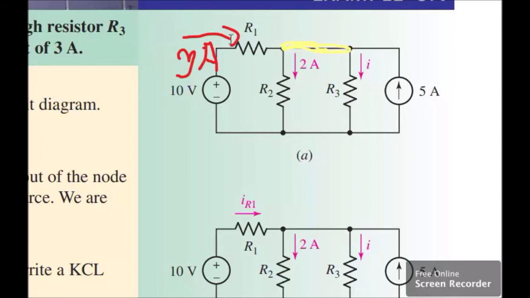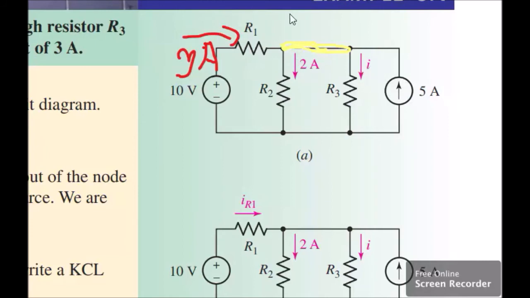So considering this node, ano ba yung mga pumapasok sa kanya na current? So we have 3 ampere pumapasok plus ano pa? 5 ampere. Okay? So 3 ampere plus 5 ampere, hindi ko na isusulat ha kasi ang hirap, is equal to current leaving. Ano ba yung palabas na current? Itong dalawa.